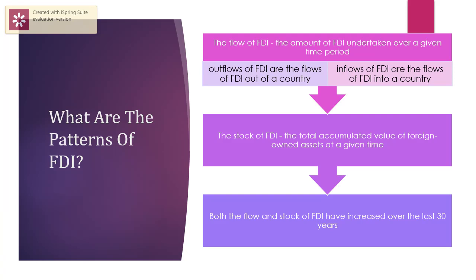Over the last 30 to 40 years, it has been observed that the number of FDIs have increased both in the developing countries as well as developed countries. The graph of comparison of FDI flow, inflow and outflow will be discussed in the later slides.